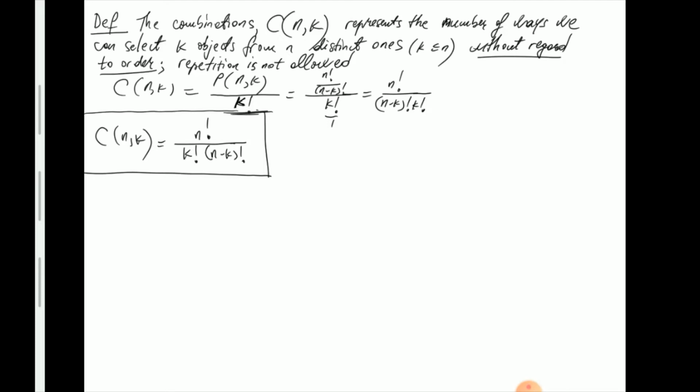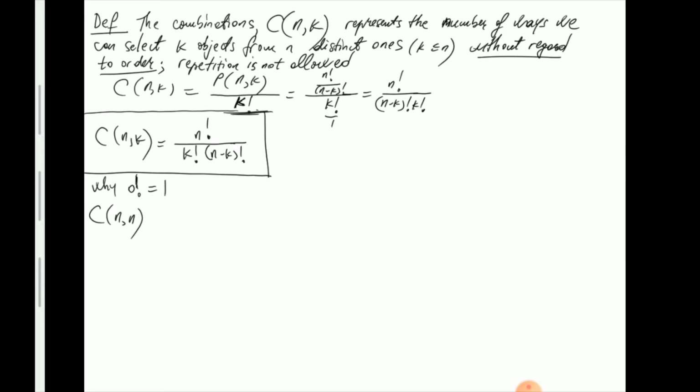I do want to point out, because I still owe you an explanation, why 0 factorial is defined to be 1. So here's an example. What is the combination of n comma n? What if I have to choose n objects out of n? Pause for a moment and try to answer this question.